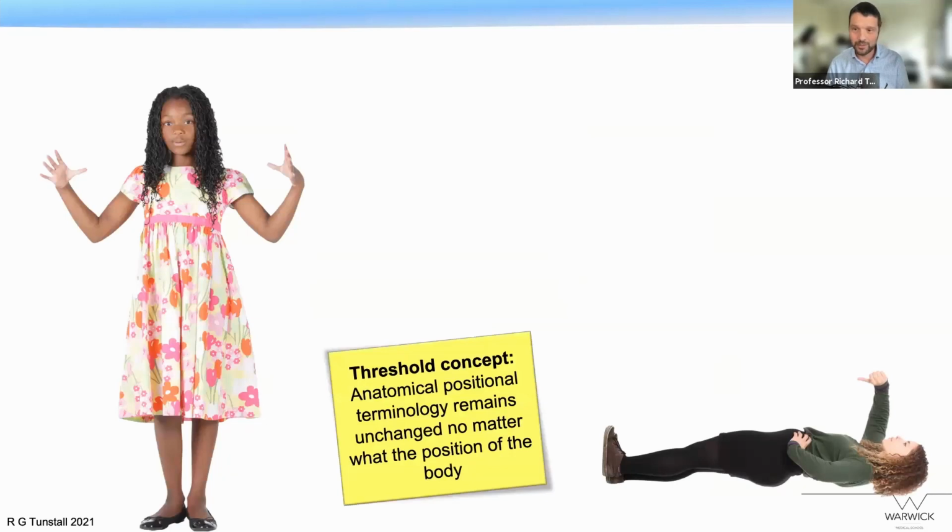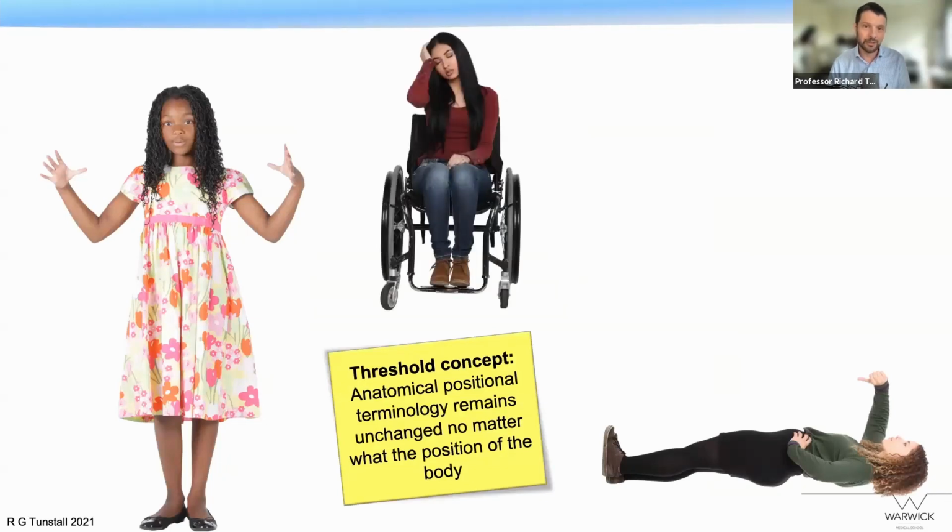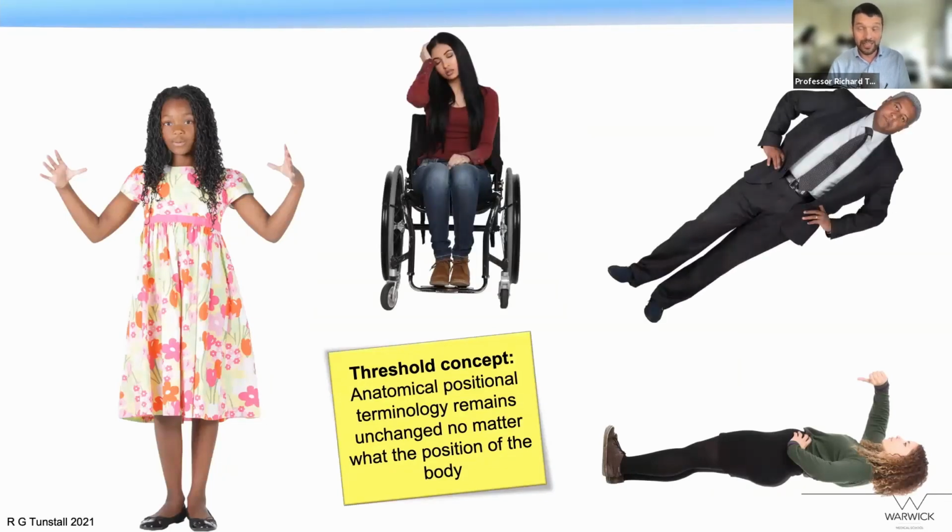The same applies to a subject lying down, or a subject sat down, or a subject lying at a 45-degree angle. It doesn't matter. The concept here is the anatomical position holds true no matter what the position of the body. So this is your standard language that you will use throughout your anatomical studies.